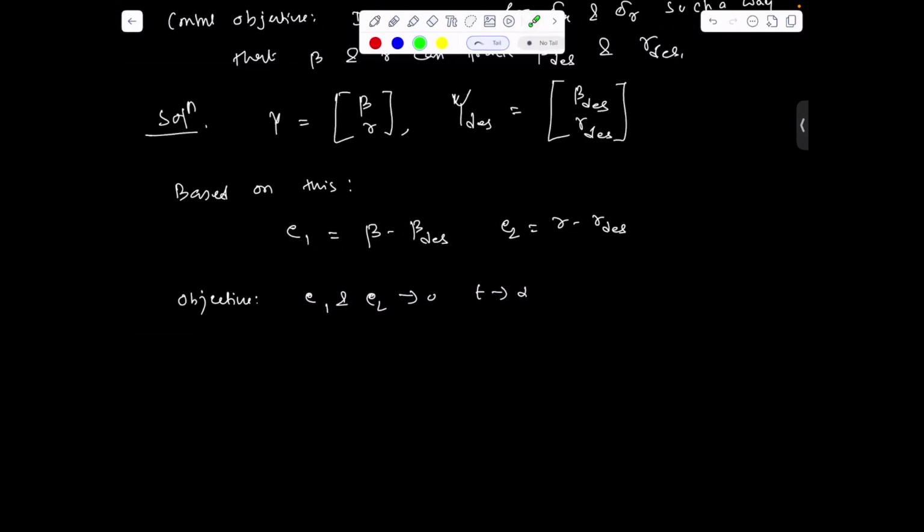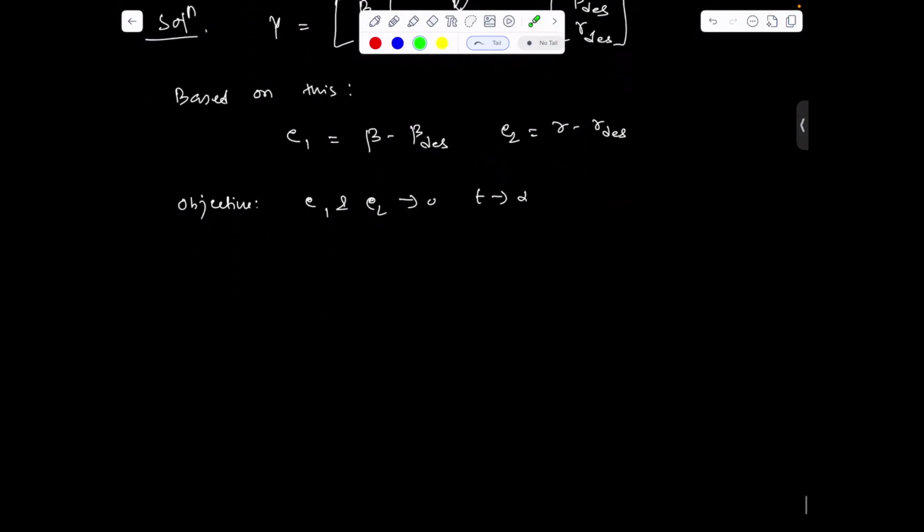If this condition is satisfied, we can say beta tracks beta desired and R tracks R desired. So now we'll design the control. Let's start with the first equation, design the control, and then we'll come to the second part.